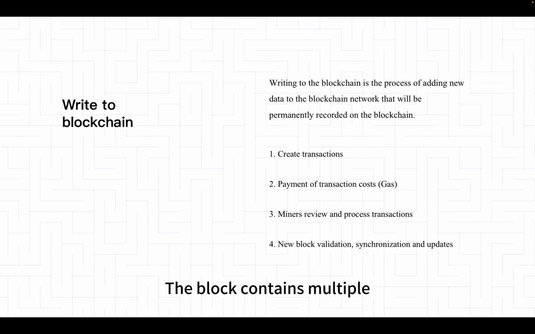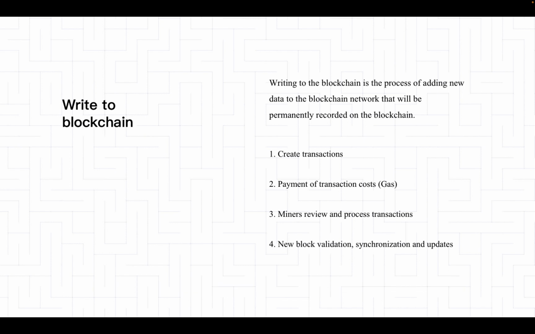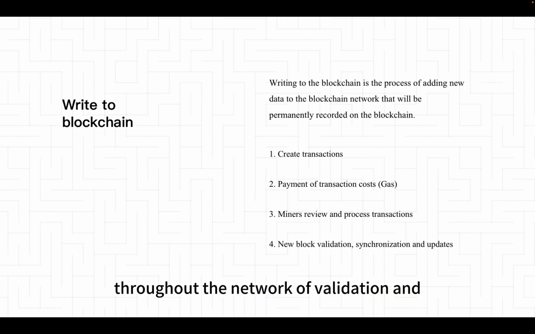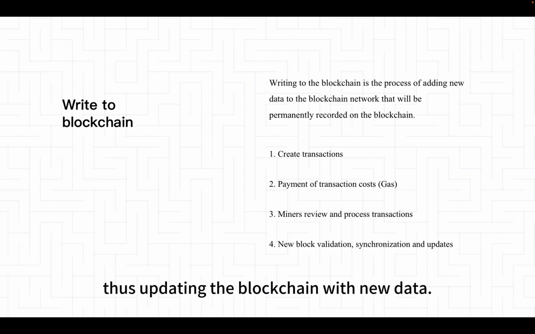The block contains multiple transactions as well as the hash of the previous block as proof of linkage. Eventually, the new block will be broadcast throughout the network for validation and synchronization, thus updating the blockchain with new data.